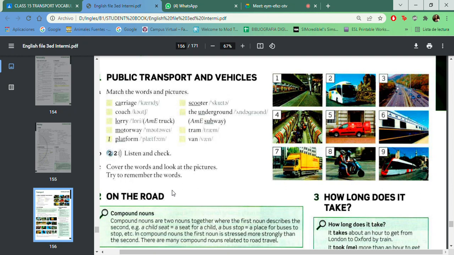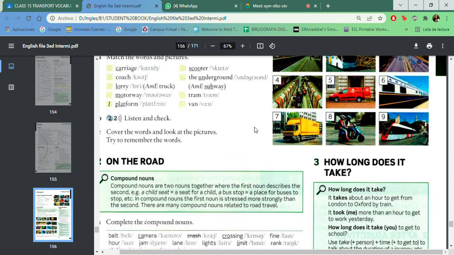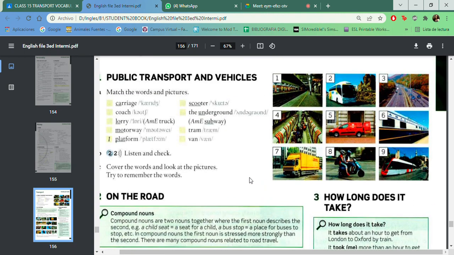Scooter, number 8, yes, because it's like motorbike in American English. The subway, 4. The tram, 9. And the van is number 5, I guess. Yes, 5, of course.